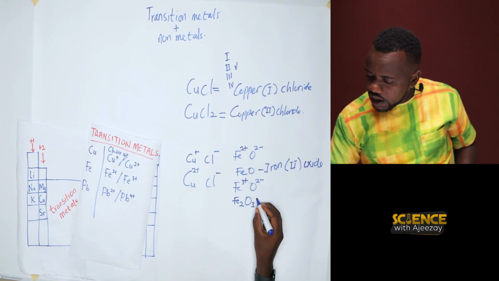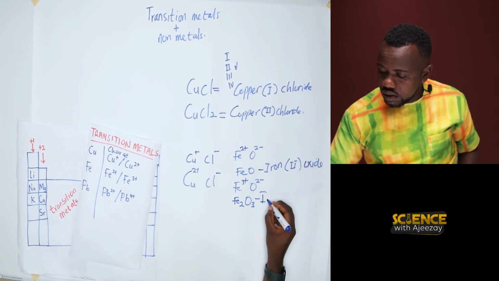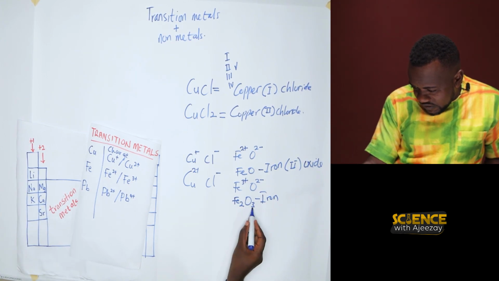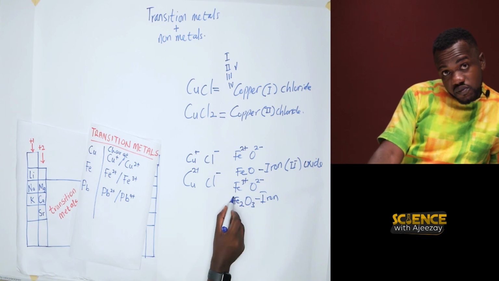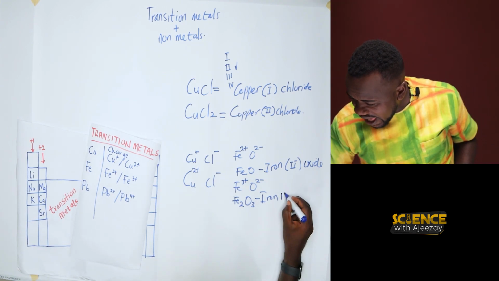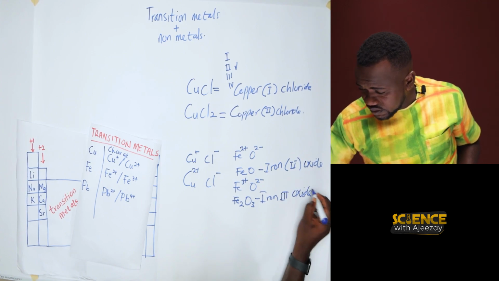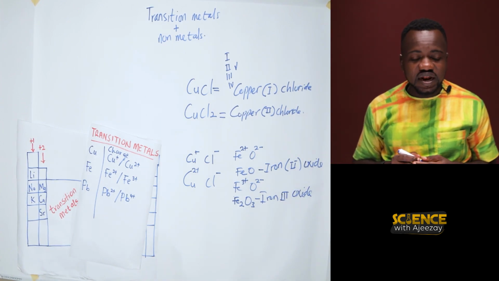When we come to the second one, we are getting iron(III), because this 3 here is coming from here. So iron(III) oxide. I believe it's clear.